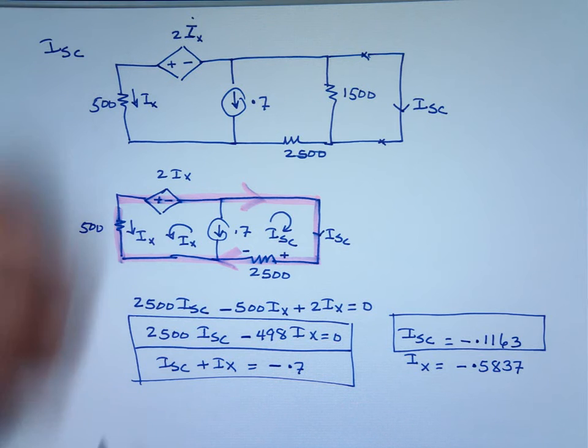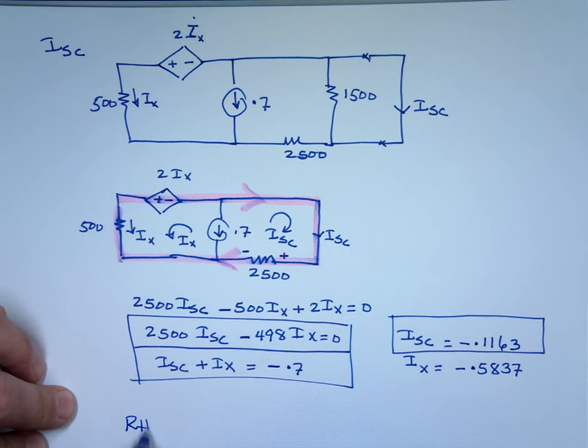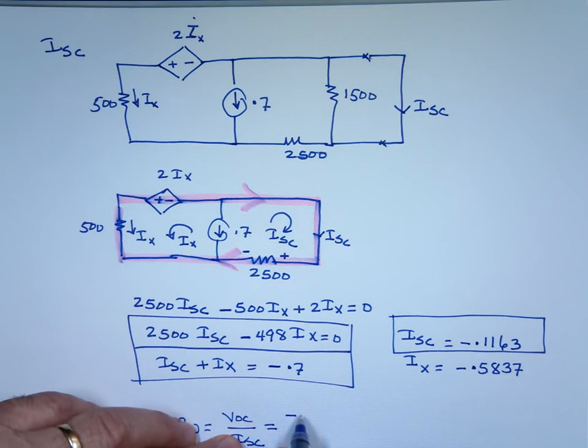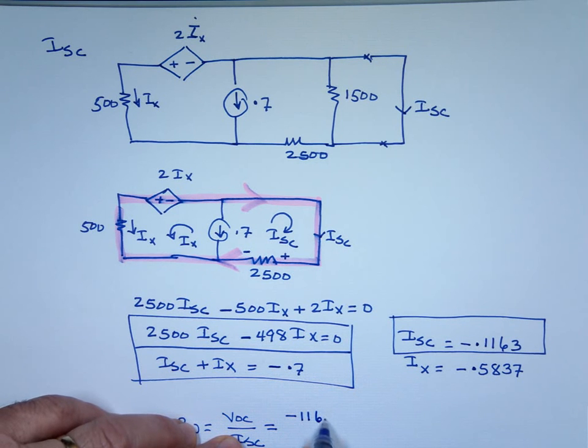Do I know our Thevenin now? Which is our Norton? It's V open circuit over I short circuit. What was my V open circuit? Negative 116.25. What is my I short circuit?